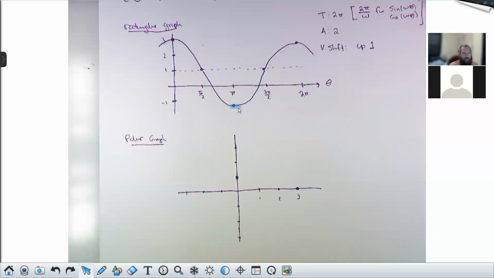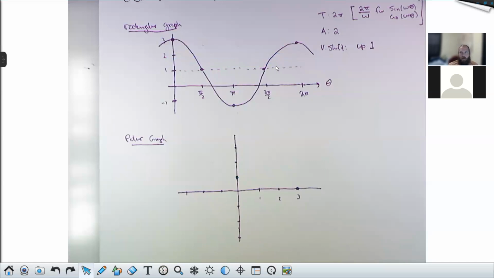So the min here of -1, that's at pi. I've got him, I'm happy with him. Well, yeah, maybe I want to know specifically when r is equal to 2. There's another value that I'd be much more concerned with, though.